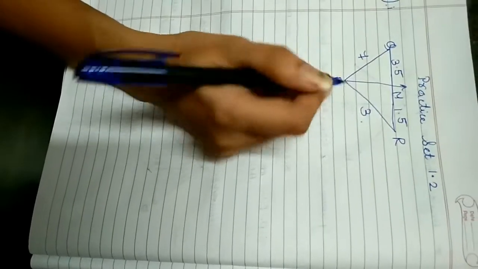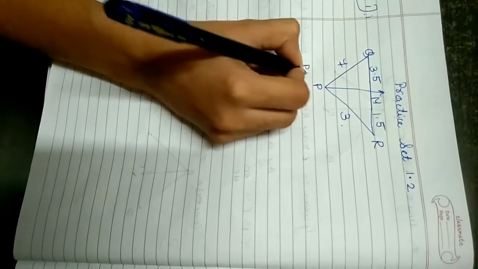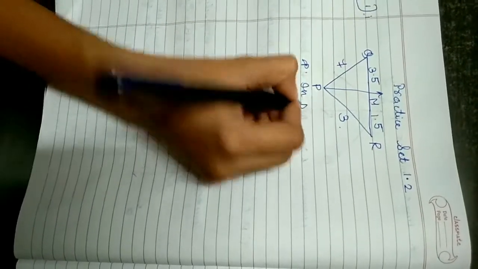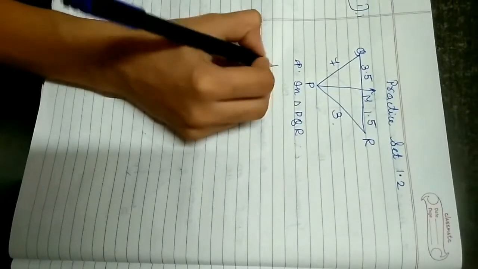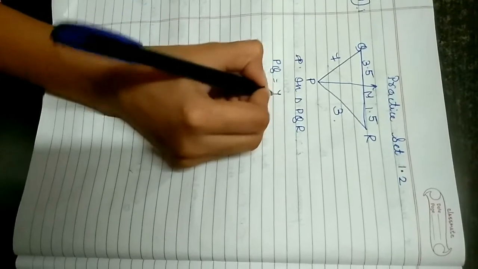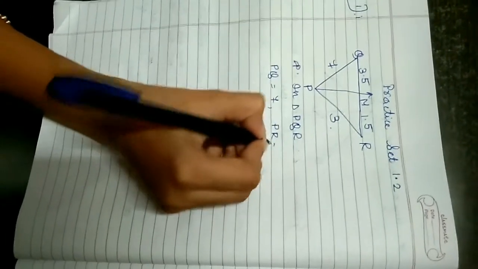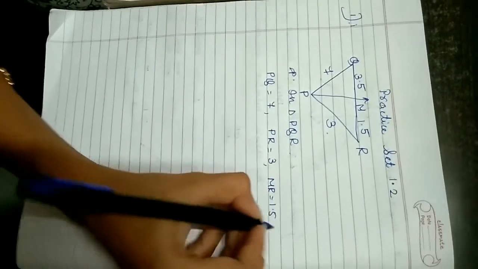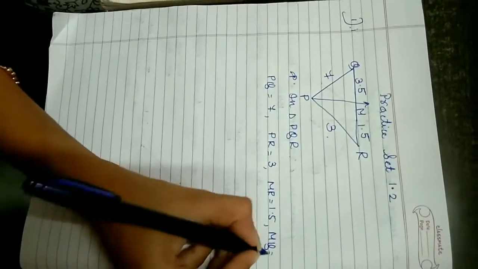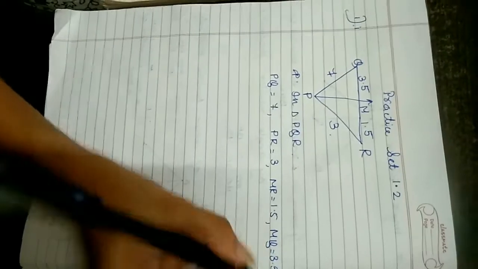First let us consider two sides, that is in triangle PQR, PQ is equal to 7, PR is equal to 3, MR is equal to 1.5, MQ is equal to 3.5.